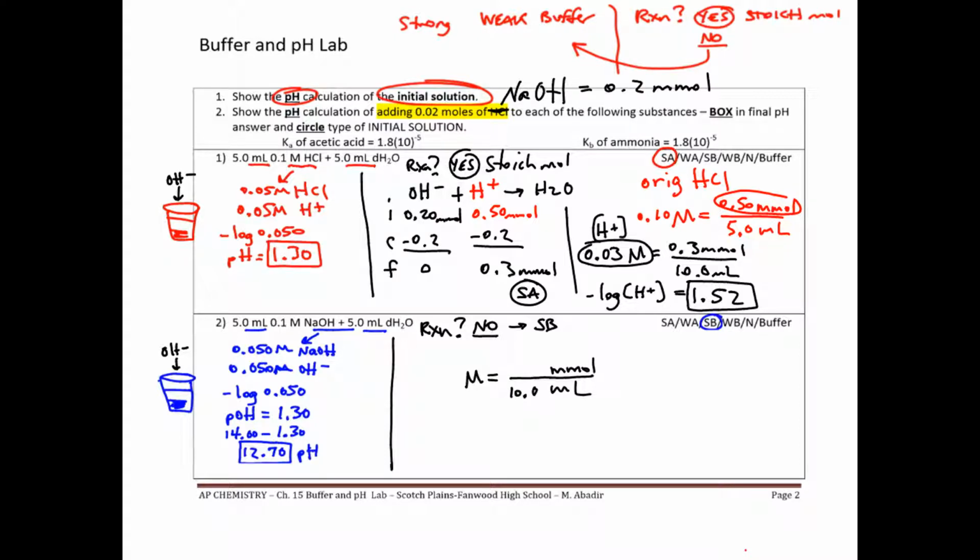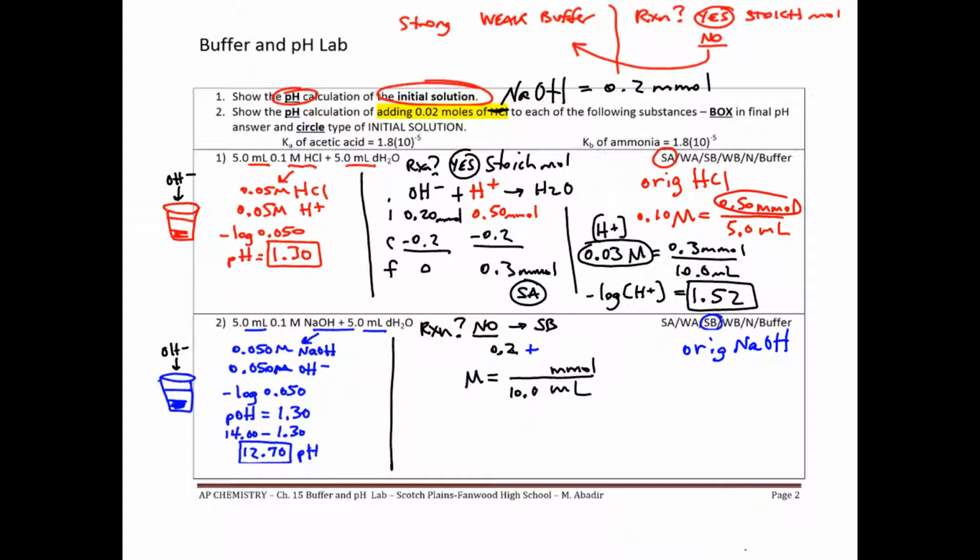Now I need my millimoles. Well, I'm adding 0.2 of the NaOH that I'm adding in. So that's going to be right here. And then I'm going to add that to the amount that I originally had. So let's look at the original NaOH.